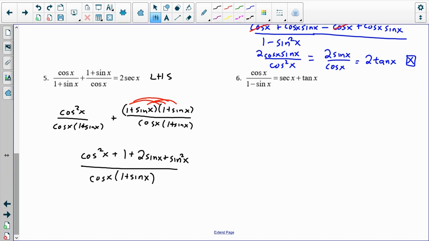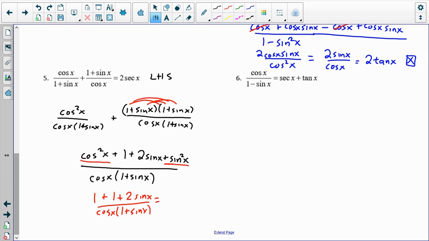I'm allowed to use the commutative property of addition. So if I have cosine squared plus sine squared, that's actually just 1. So I'm going to rewrite that as 1 plus 1 plus 2 sine x all over cosine x times 1 plus sine x.